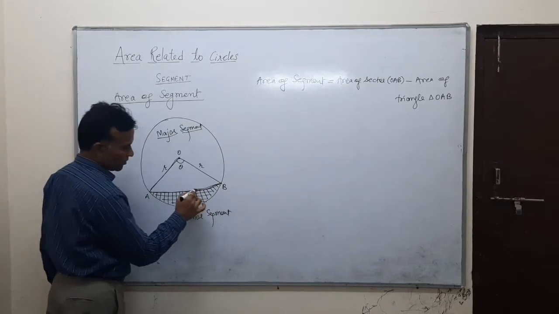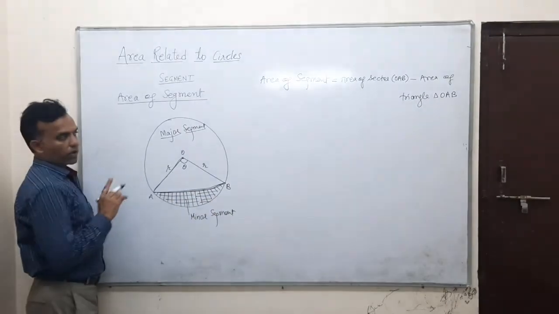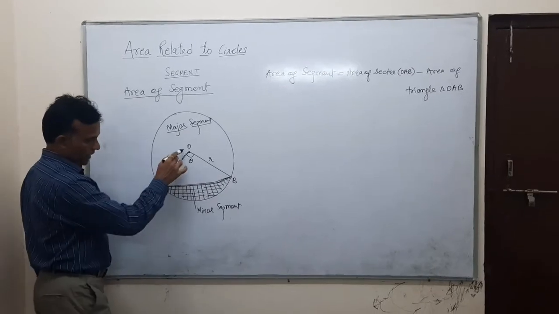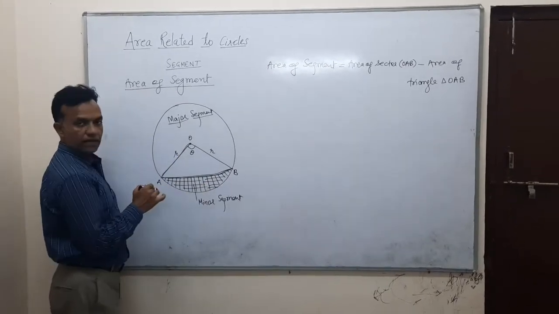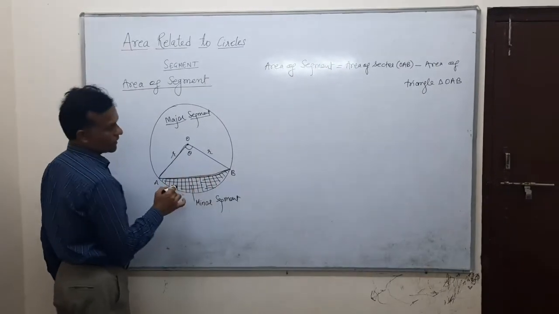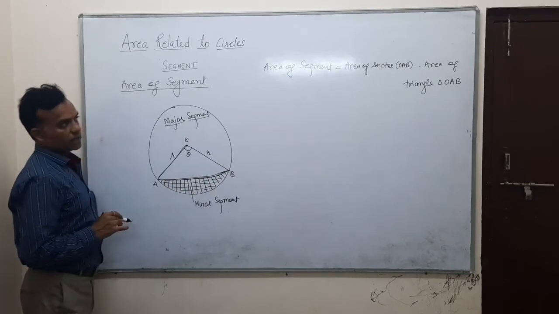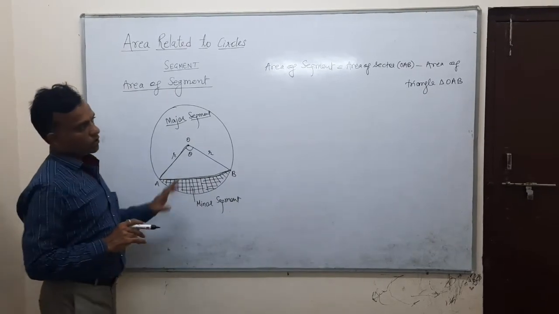You find this area with the help of the triangle formula. The whole part is the sector, and minus this triangle, the part you have left is the area of the segment. So there are two objects here.